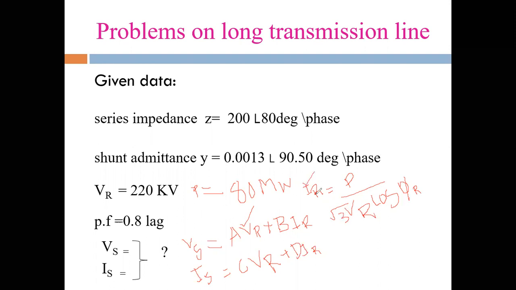By using this formula, we find the IR value and then substitute this VR and IR in the Vs equation.